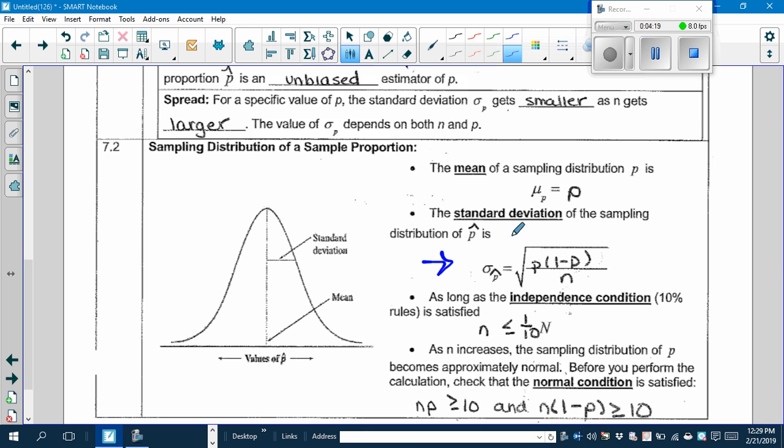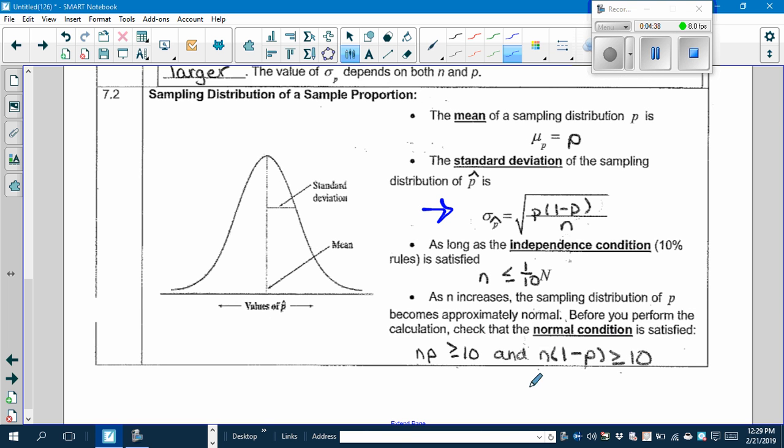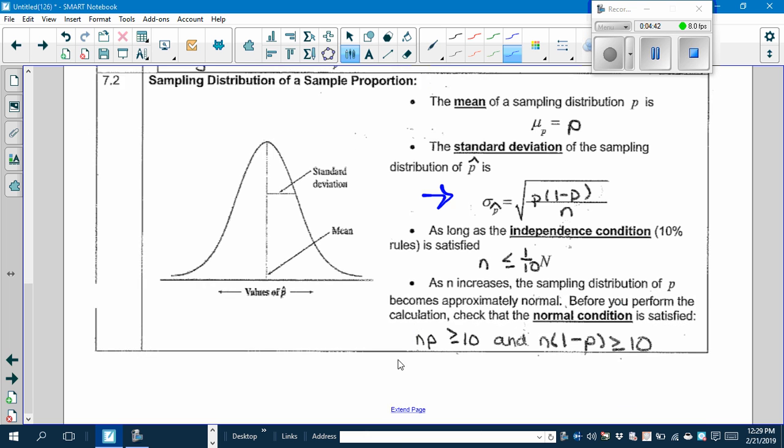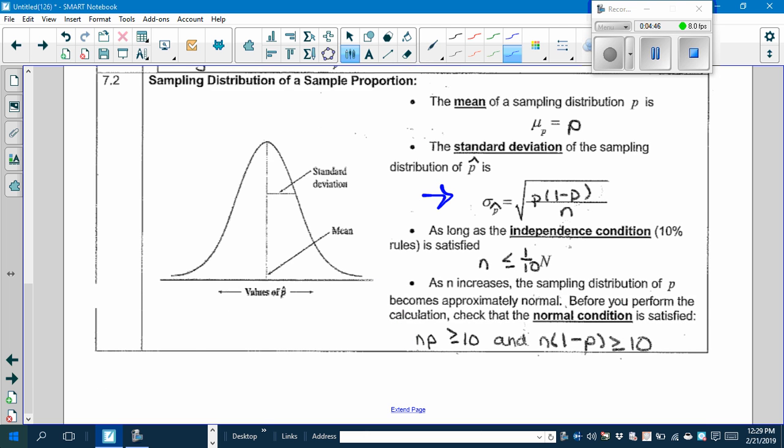And that your mean is actually equal to your proportion, so that's not a formula you need to memorize, you just need to know that. Then, to make sure that it's normal for proportions, you need to check that np is greater than or equal to 10, and n times 1 minus p is greater than or equal to 10. All right, so you have to make sure these things are met, and this is going to help you a lot with Chapter 8 as well.